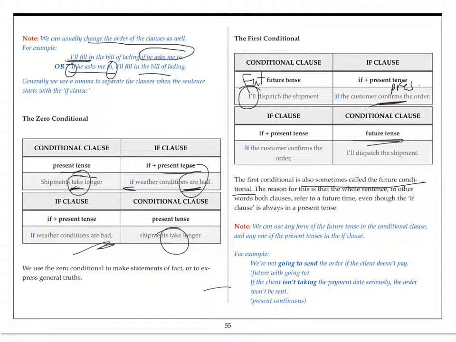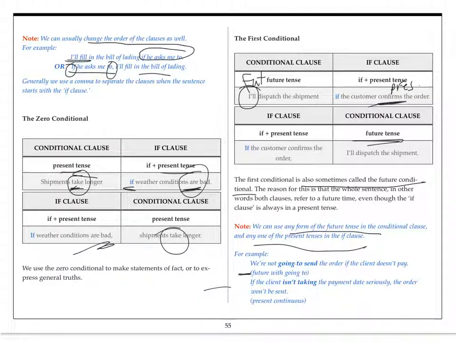Now, I've got a note here. It says we can use any form of the future tense in the conditional clause of the first conditional and any one of the present tenses in the if clause. And then there are some examples there. We've got the future with going to in the conditional clause: we're not going to send the order if the client doesn't pay, right?